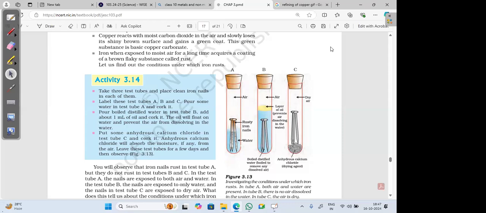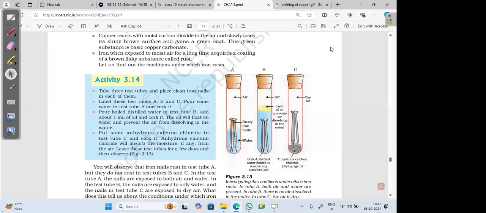And in test tube B, you have put a layer of oil above the water so that no air or oxygen can enter into the water.